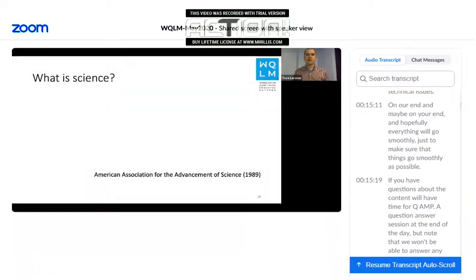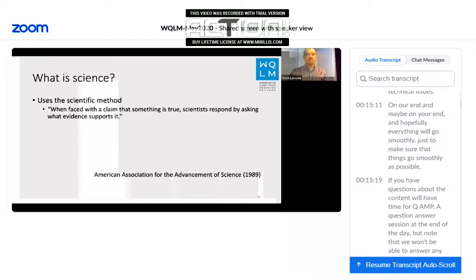Applied linguistics I see as a branch of science in the scientific enterprise. So I'm going to include some quotes here, and information from the American Association for the Advancement of Science.